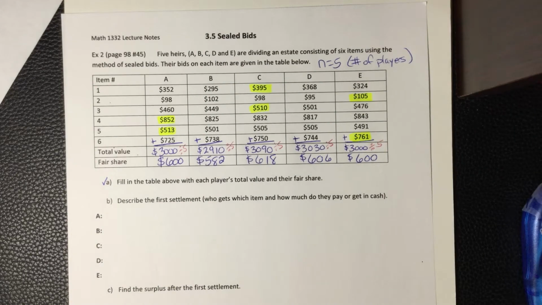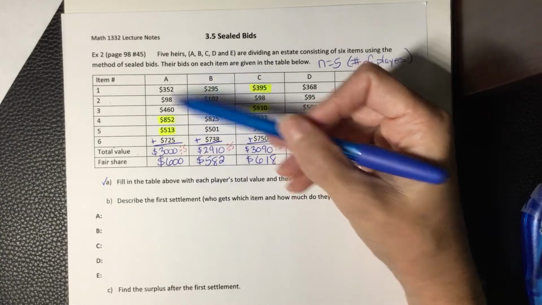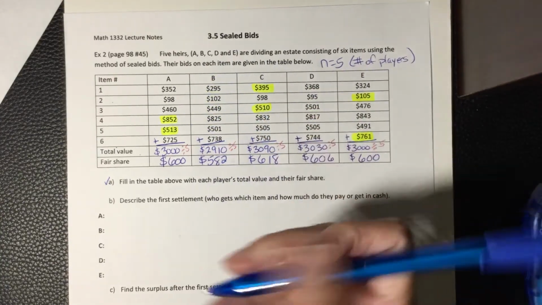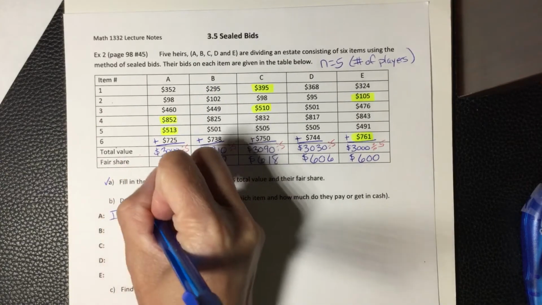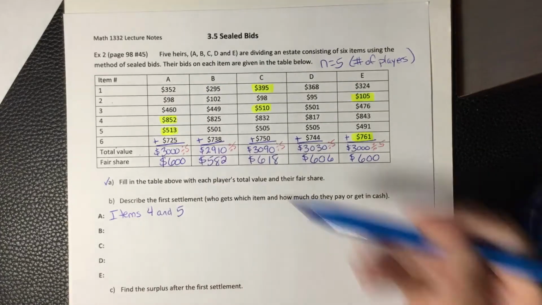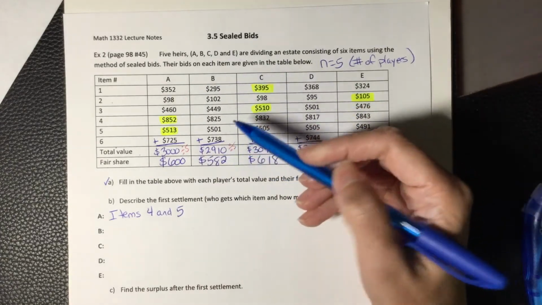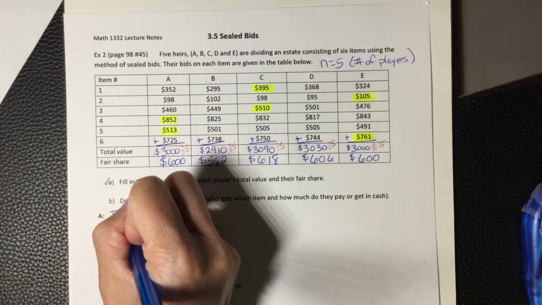All right. So now we start reading columns. So let's look at column A. Player A is going to get items 4 and 5. All right, player B isn't going to get any items, so I'm just going to put no items.